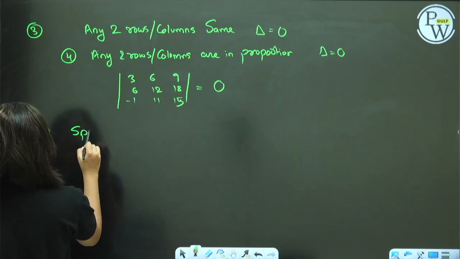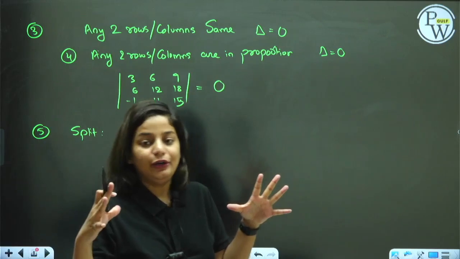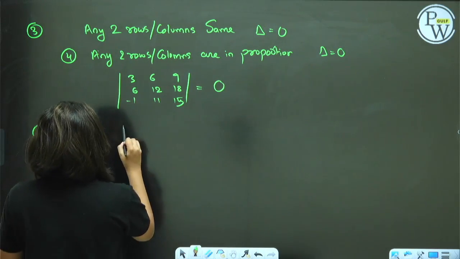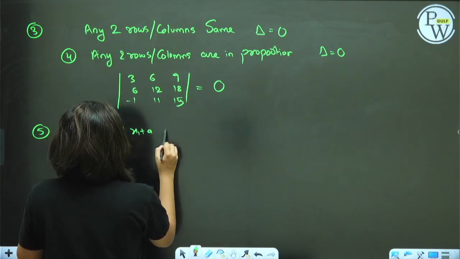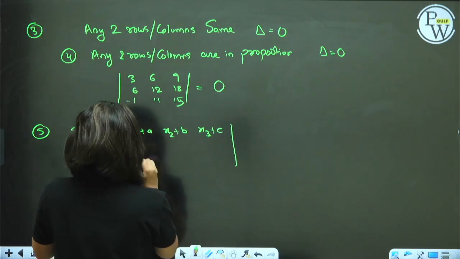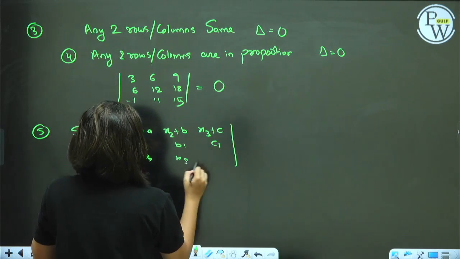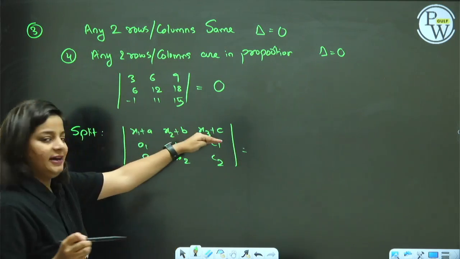What splitting happens? Any given row or any given column can be separated into two different parts. Example, you have x1 plus a, x2 plus b and x3 plus c. Here we have a1, b1, c1, a2, b2, c2. Can you see row 1?